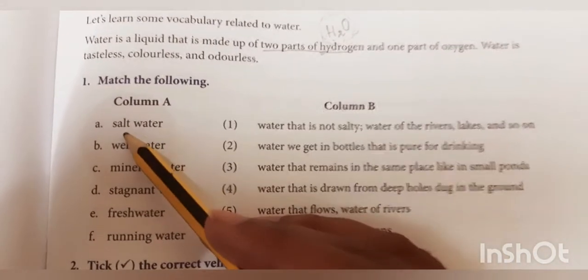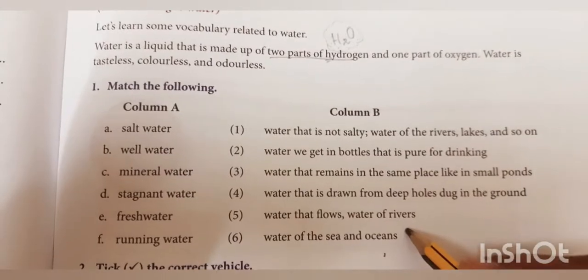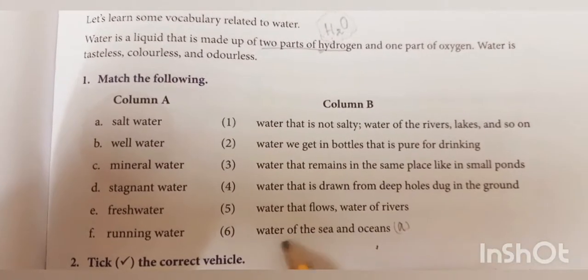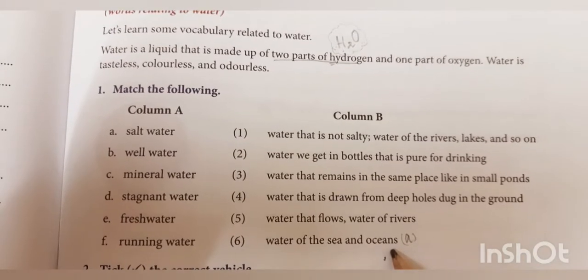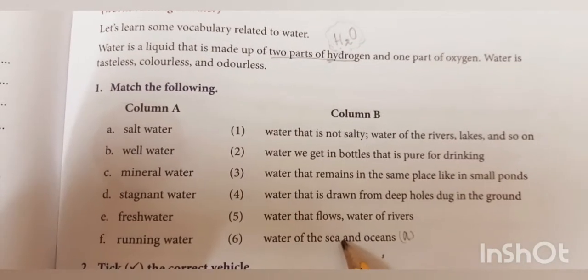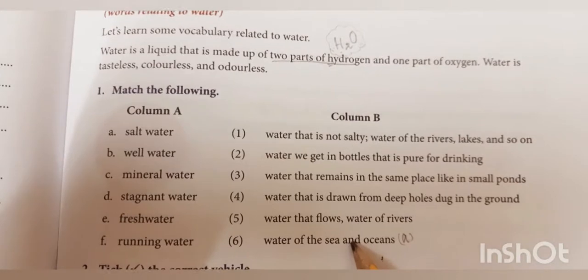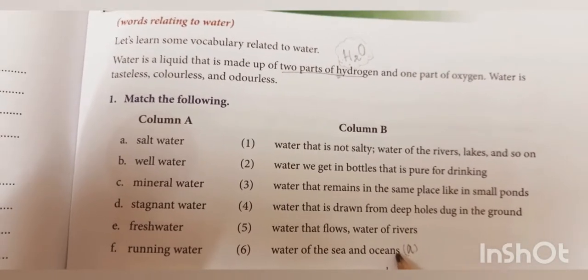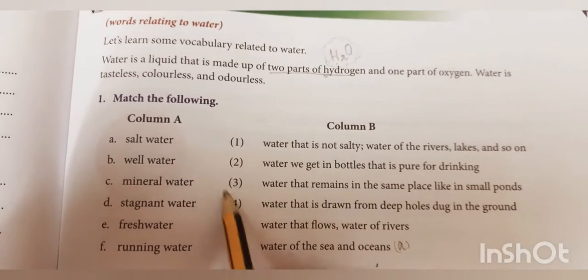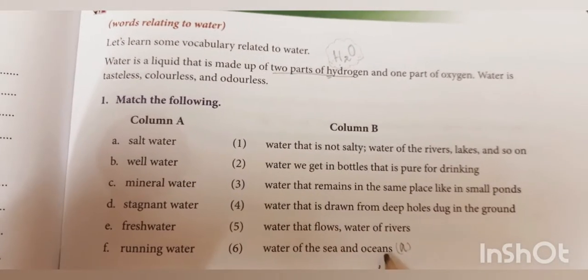What's the meaning of salt water? This is answer A: water of the sea and oceans. Sea water is always salty and the ocean water is always salty.